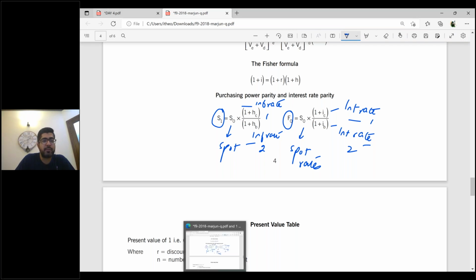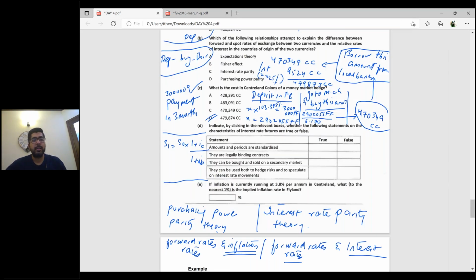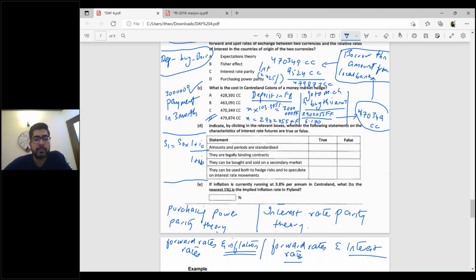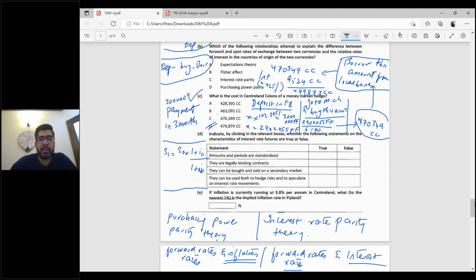Now as far as your question is concerned, requirement B: which of the following relationships attempts to explain the difference between forward and spot rates of exchange between two currencies and the relative rates of interest in countries?